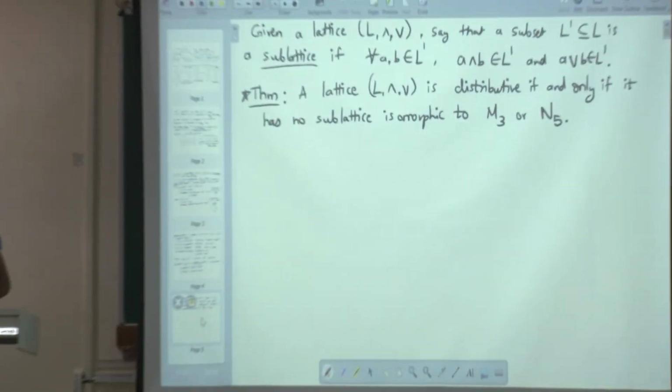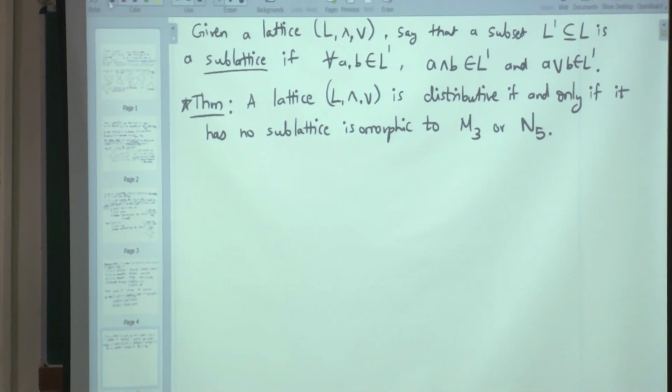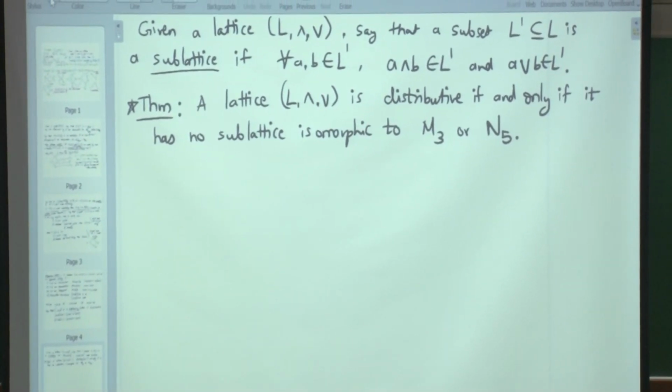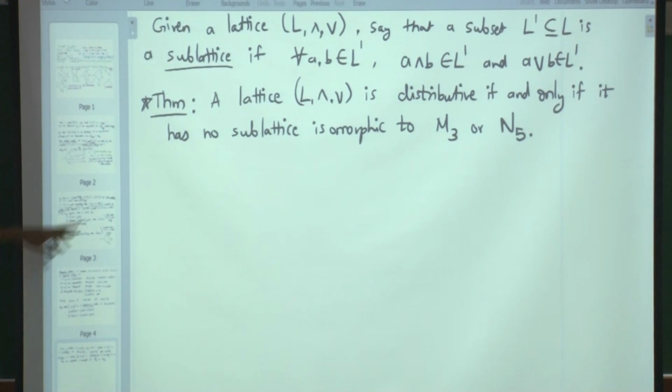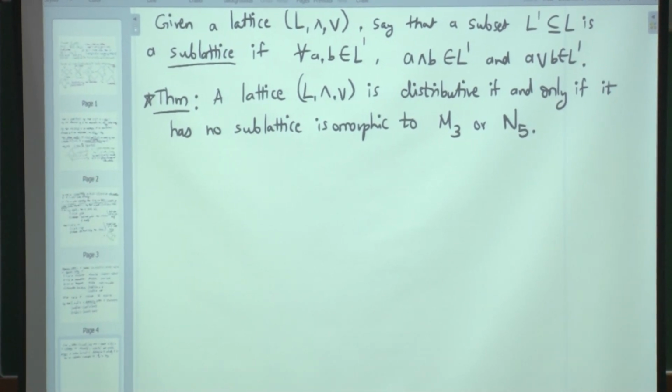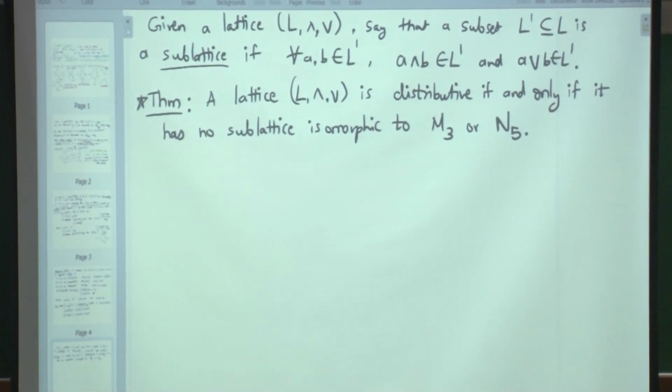Okay, so this is your characterization. It's very easy to prove, but we will not prove it. But there is one word which I haven't described yet: isomorphism. Let me do that. So what is a lattice morphism?